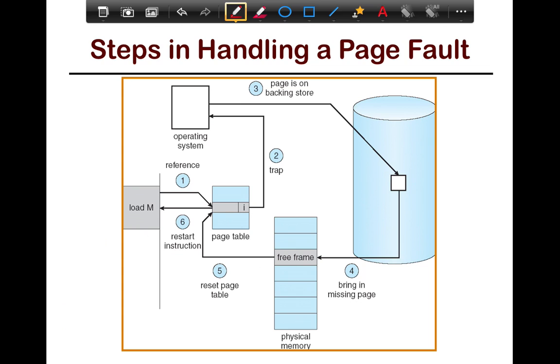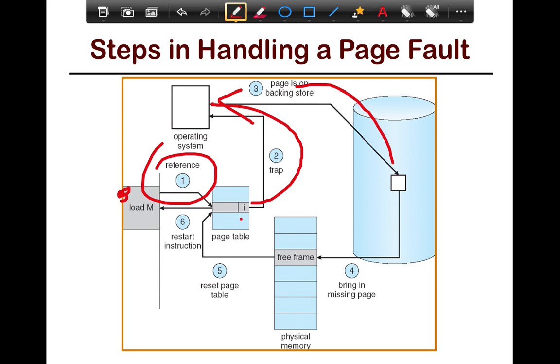Right. So here's a pictorial description of the steps in handling a page fault. So the work starts here. I have a read, and the first step is I'm going to try to reference it, look at the page table. It's possibly, in this case, on the disk. So I trap, and then what the OS does is move it from the backing disk into memory.